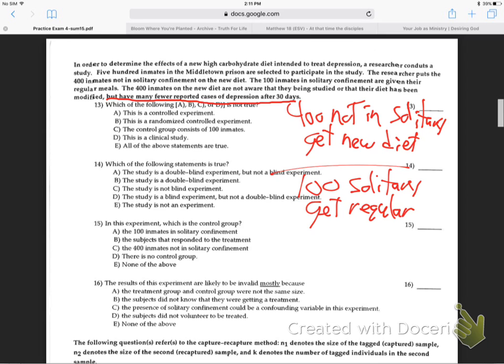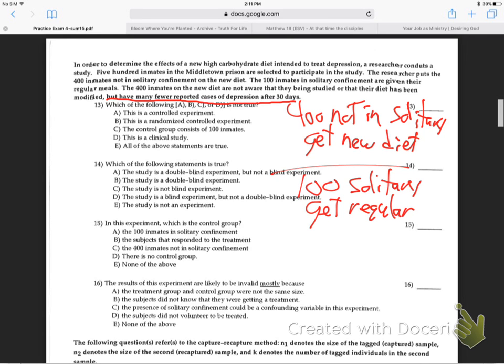So what do you think of that study, first off, as you read it? They're trying to prove that the new high carbohydrate diet helps treat depression. So they gave it to the 400 people not in solitary confinement, and just kept regular the people in solitary confinement.